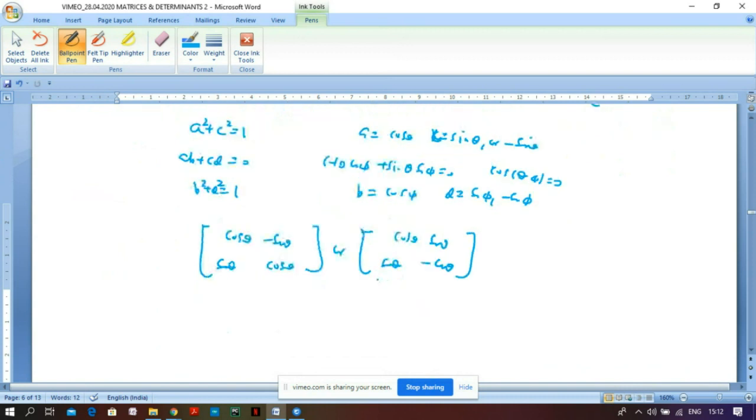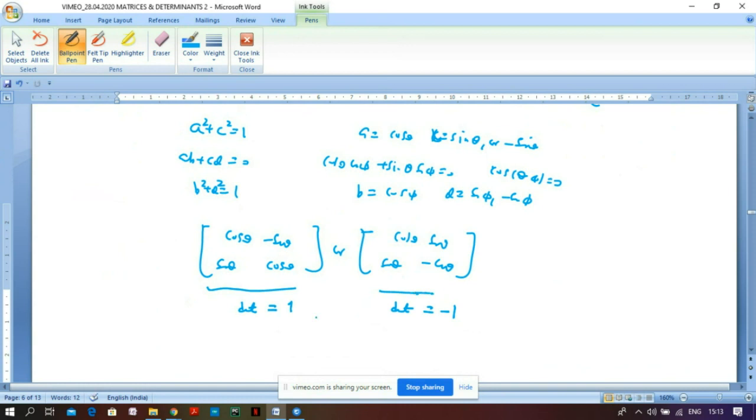Please note that the det of this one is 1, and if you calculate this one, the det is negative 1. That's all right. Orthogonal matrices have determinant either 1 or negative 1, some of them have 1 and some of them have negative 1.